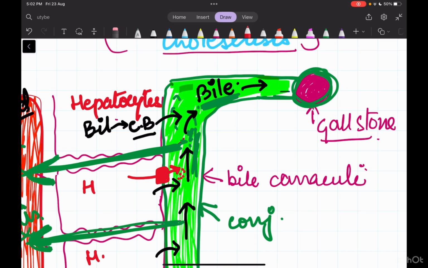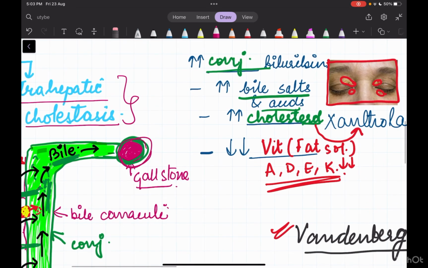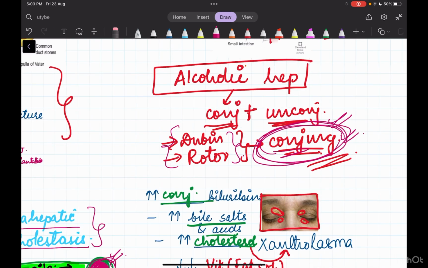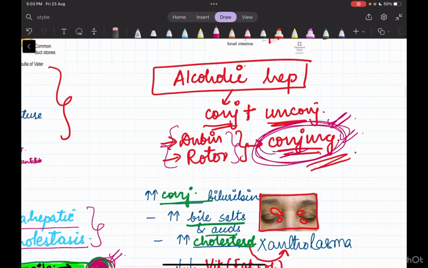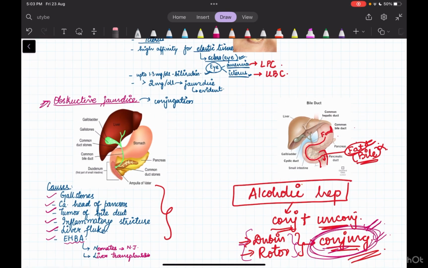But in Dubin-Johnson, these transporters are defective, because of which the bilirubin is getting accumulated, and what is accumulating is conjugated. So ultimately, you have conjugated hyperbilirubinemia in Dubin-Johnson and Rotor, but this is not due to obstruction in the passage. This is because of a defective transporter. So just remember that there are other causes which cause conjugated hyperbilirubinemia, but they are not the reasons for obstructive jaundice, because they don't cause obstruction.